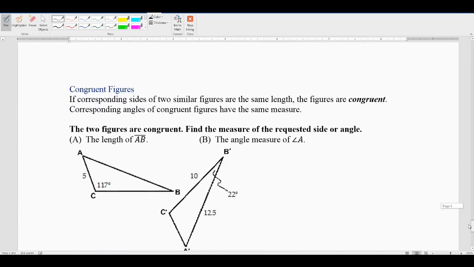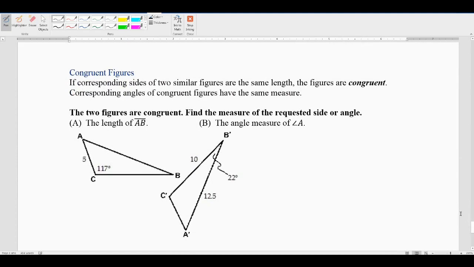And last thing we'll talk about is congruent figures. If you ever see me use this notation, that means congruent. Corresponding sides of similar figures, to be congruent, they have equal sides, they have equal angles.